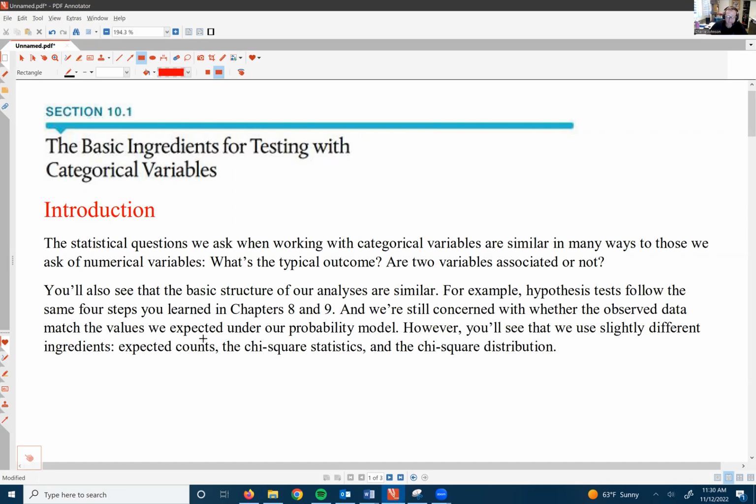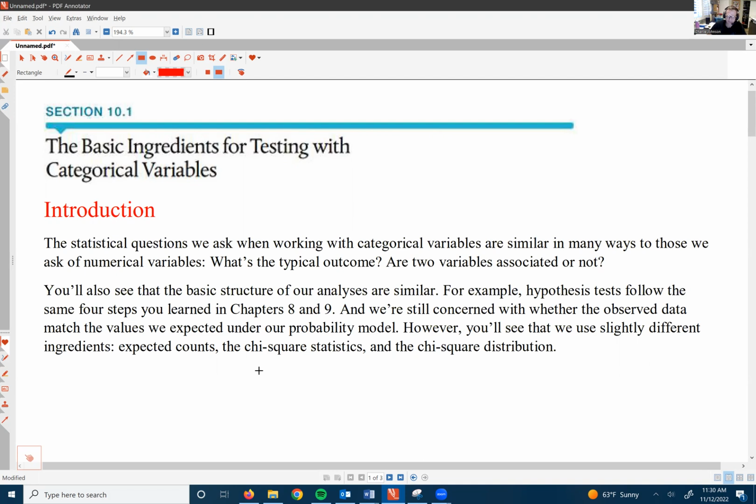You'll also see that the basic structure of our analyses is similar. For example, hypothesis tests follow the same 4 steps you learned in chapters 8 and 9, and we're still concerned with whether the observed data match the values we expect under our probability model.